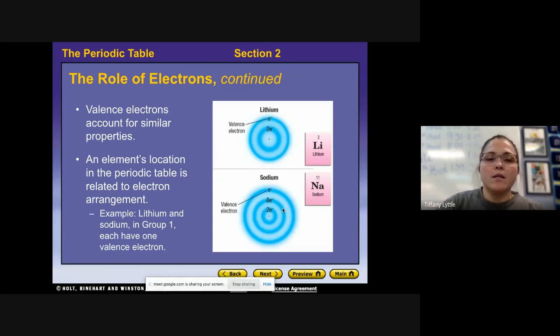And so an element's location on the periodic table is related to electron arrangement. For example, lithium and sodium both have only one valence electron. They are both in group 1, or the first column on the periodic table.